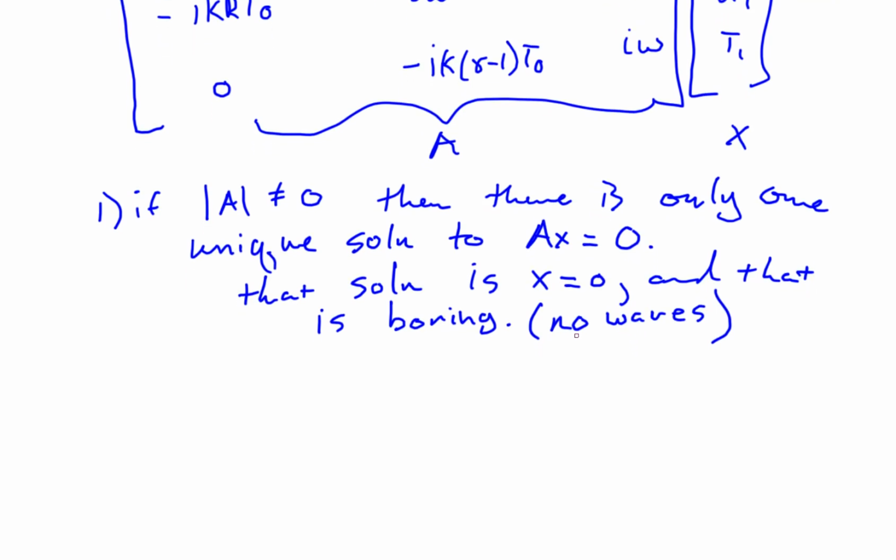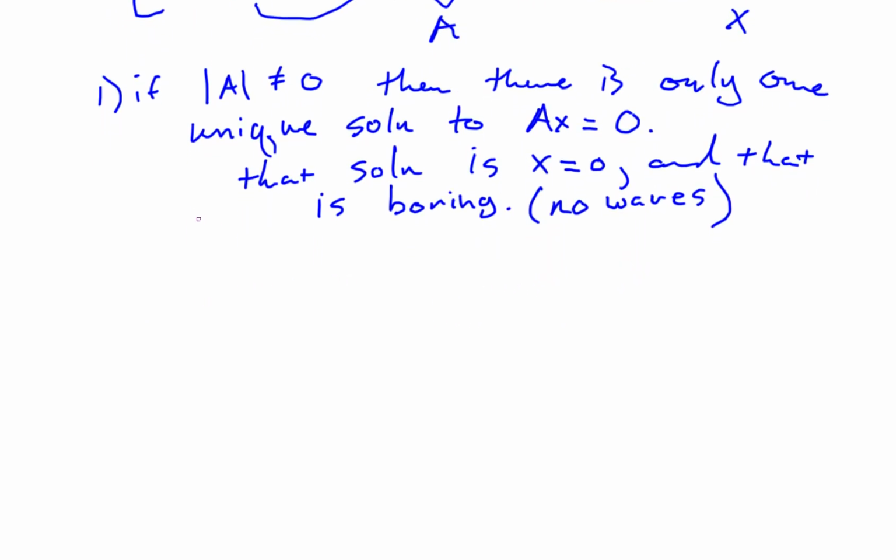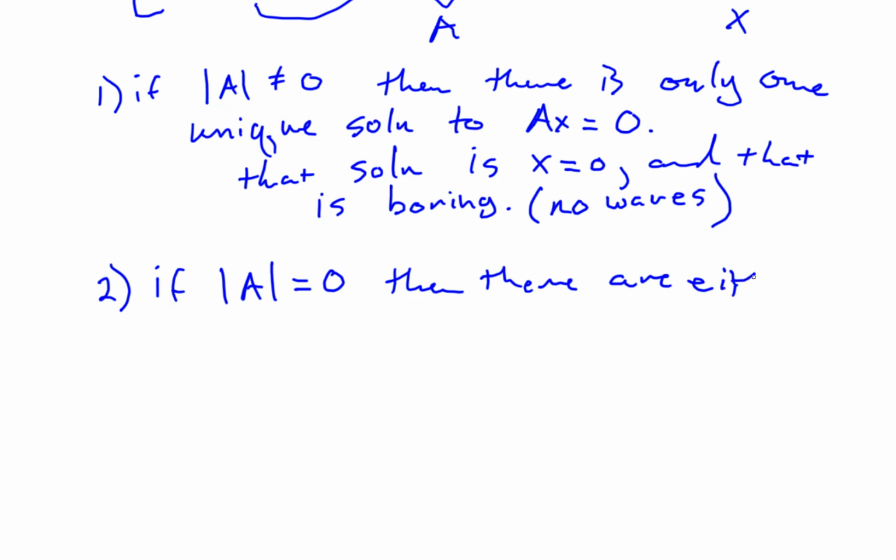The alternative is that if the determinant of A is equal to 0, then there are either no solutions, or, and here's where things get interesting for waves, there are infinitely many solutions.